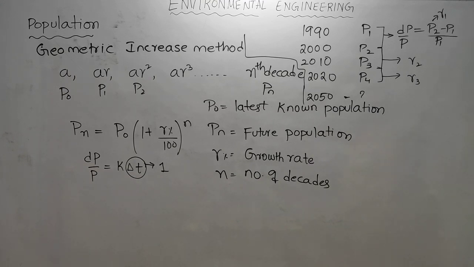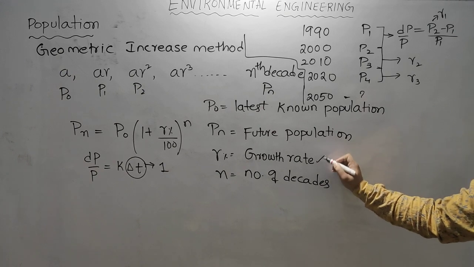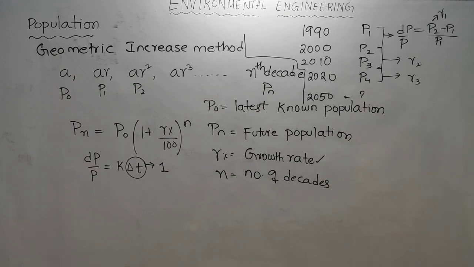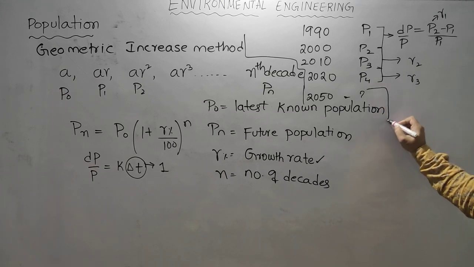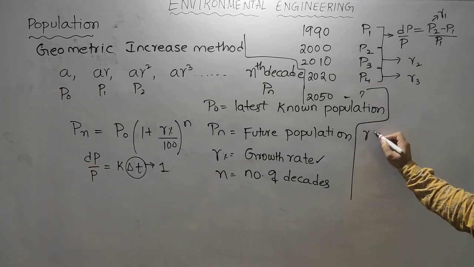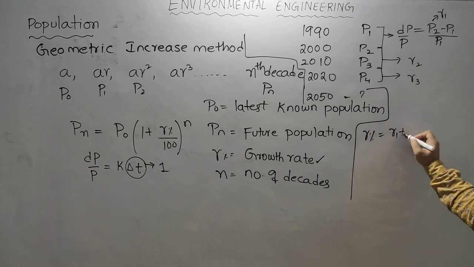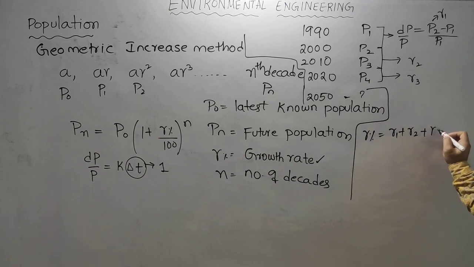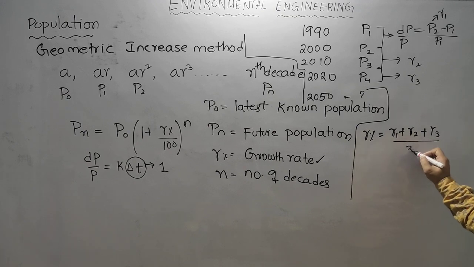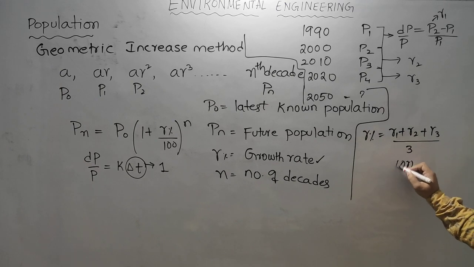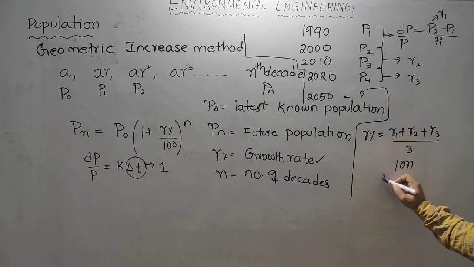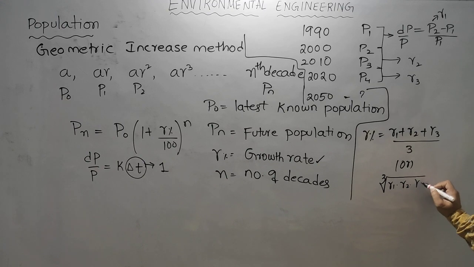Now we have r1, r2, r3. Then how to calculate r, the uniform value, the average value of r? There are two methodologies to find r. Either you can find (r1 plus r2 plus r3) by 3, which is the arithmetic mean, or you can do the geometric mean, that is the cube root of r1, r2, r3.